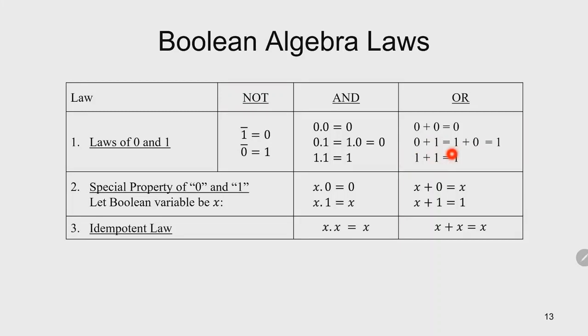It is not equal to 2, or to 1, 0 as in digital addition. So 1 plus 1 in Boolean algebra is equal to 1. That is your OR operation.